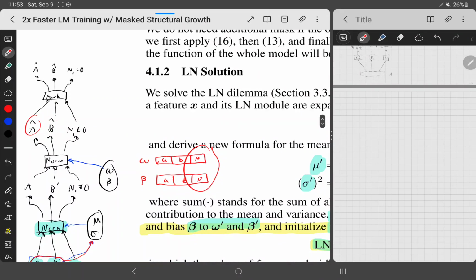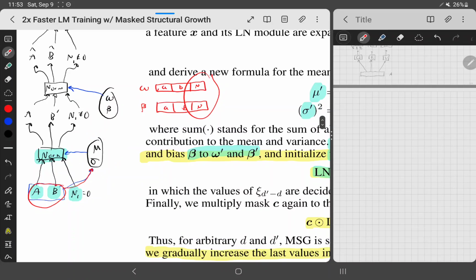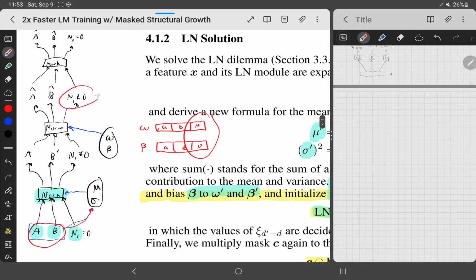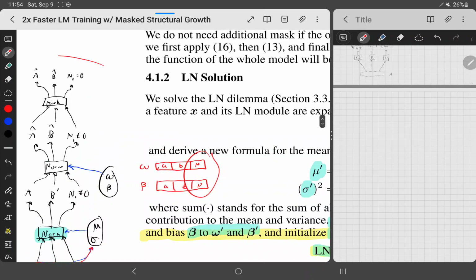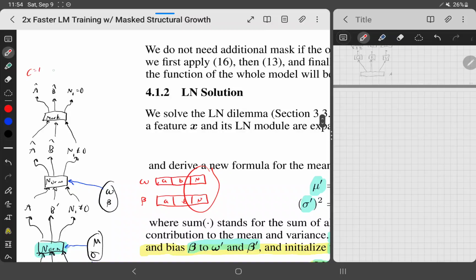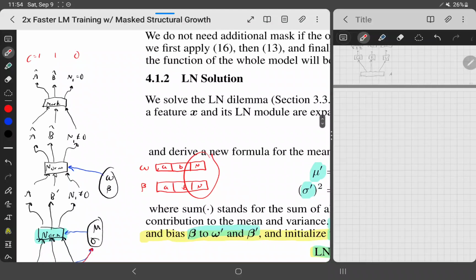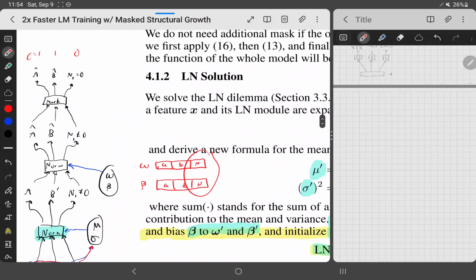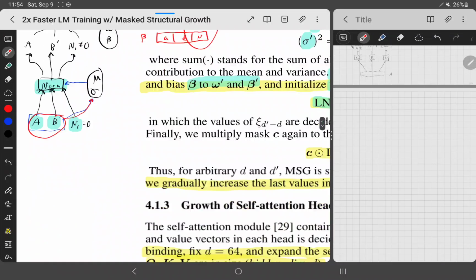Now you have this output where your A is maintained and your B is maintained, because the mean and standard deviation were only calculated from those A and B. Your N, on the other hand, are not. But if you just mask the output by C again, where C would be equal to 1 here and 0 here, then you're all good. And now you have this maintained output.